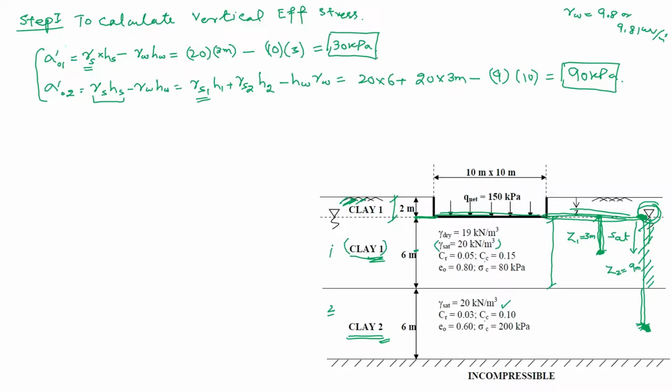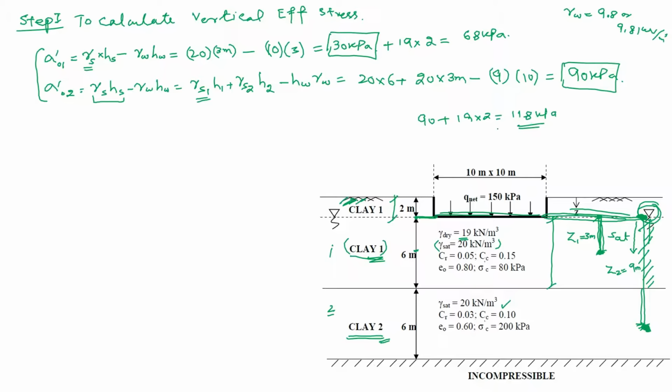So simply we will add the dry layer 19 multiplied by 2, because the unit weight of this soil is 19, this will be equal to 68 kPa, and this will be 90 plus 19 times 2, this will be 118 kPa.